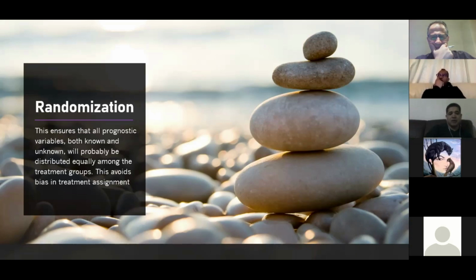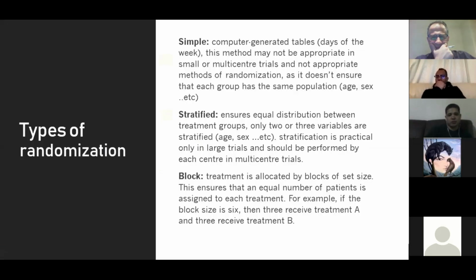And there are different ways of randomization. The first one is simple. You ask the computer, by the days or weeks, like patients admitted on the first, second, fourth, sixth, and so on will be in group A, and the patients coming on the third, fifth, seventh, and so on will be group B. This is simple.